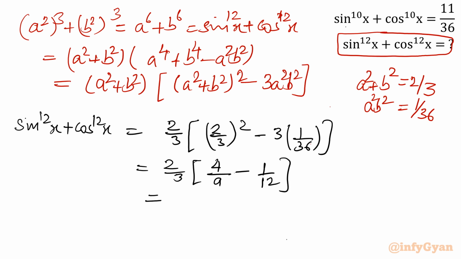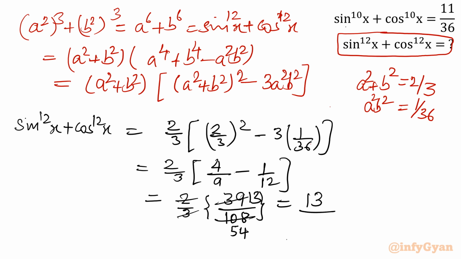This value comes out 2 over 3 times (48 minus 9) over 108, which is 39 over 108. I will cancel 3 and 39 to get 13, and 2 and 108 to get 54. So our final answer becomes 13 over 54.